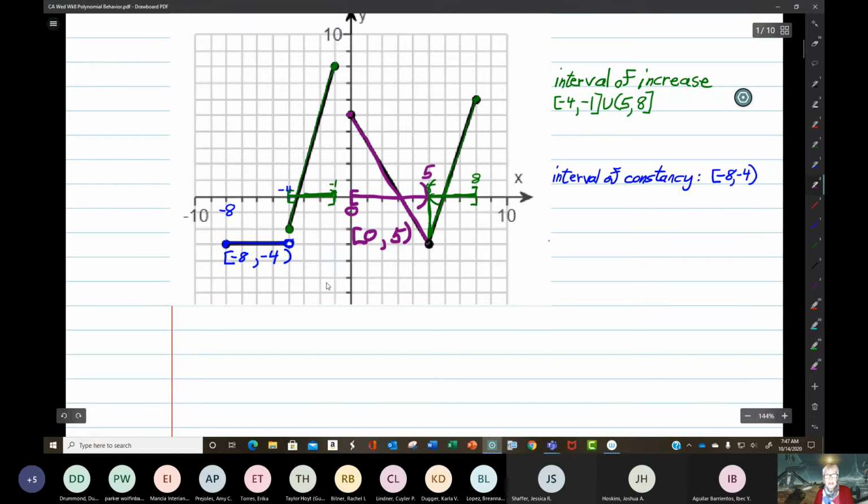And 5 we can't guarantee. So the decreasing part, I should have written an interval of decrease, but the decreasing part is going to go from 0 to 5.